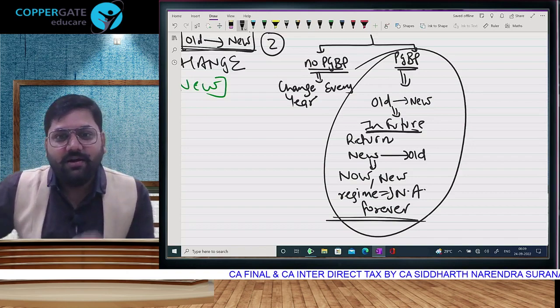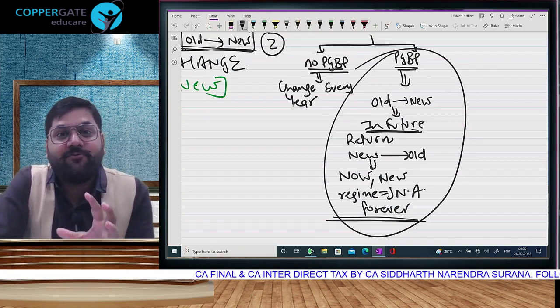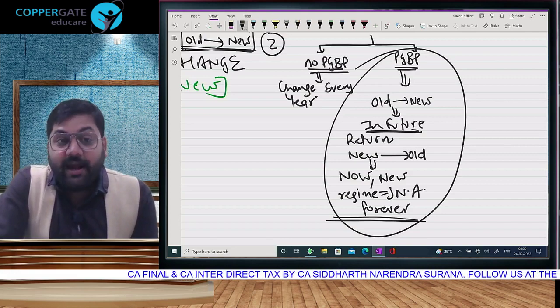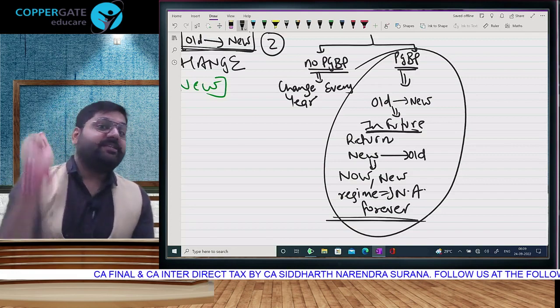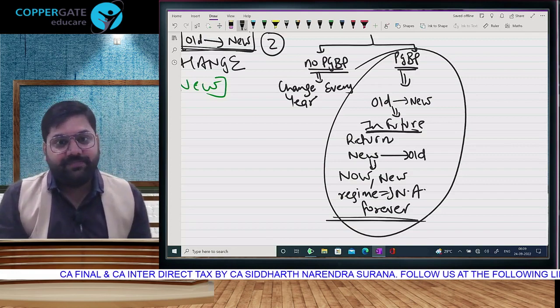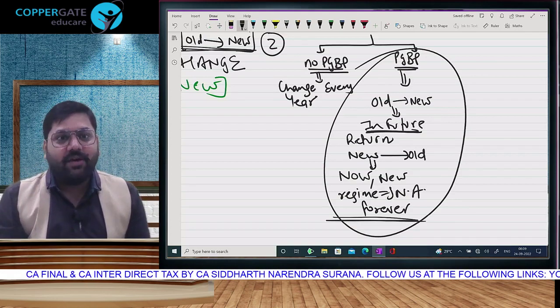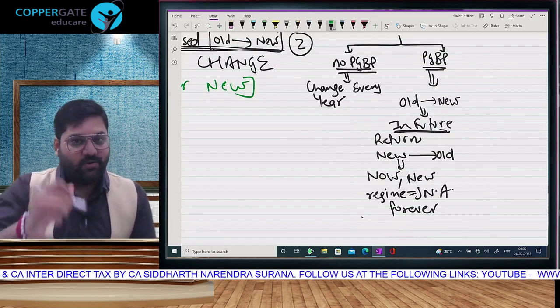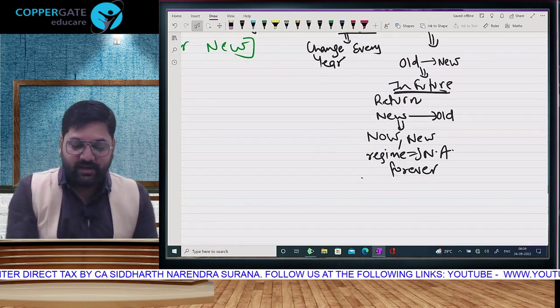But CA log, you have to give solutions. And if I am telling you to please take me back to the new regime, you need to give a solution. There is a solution.